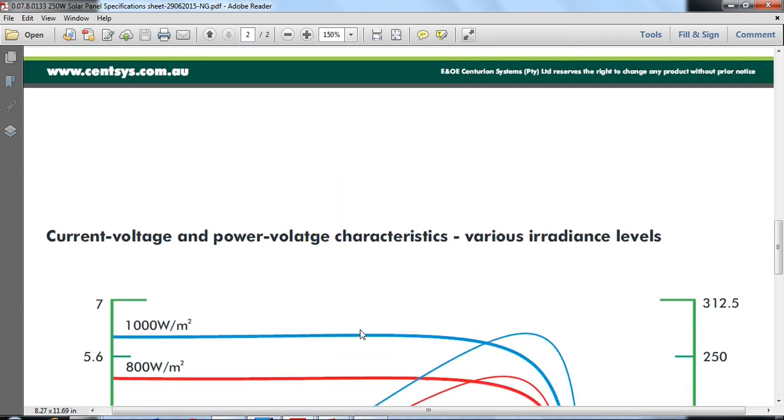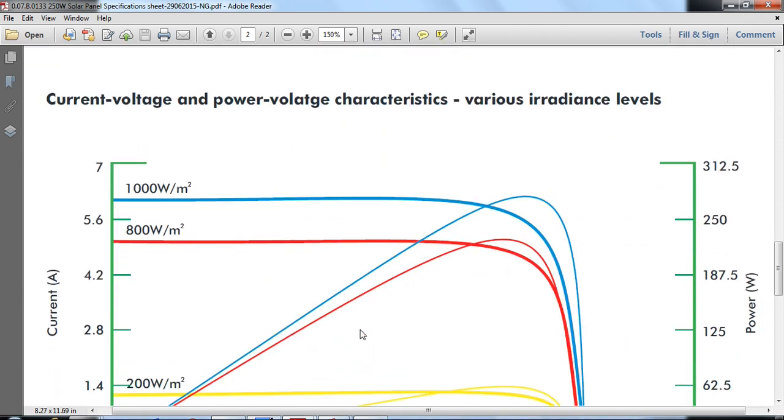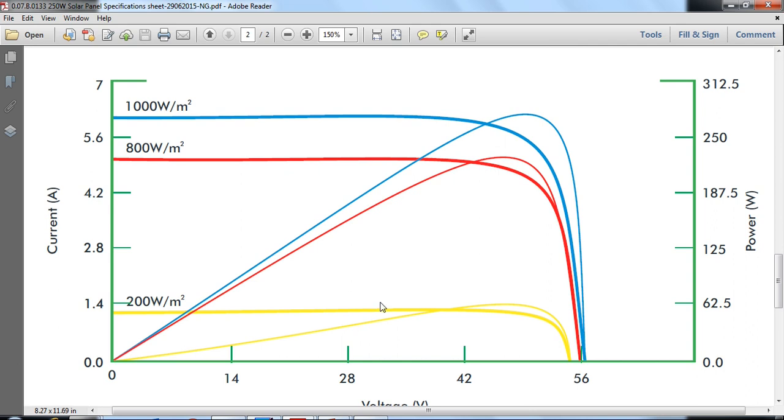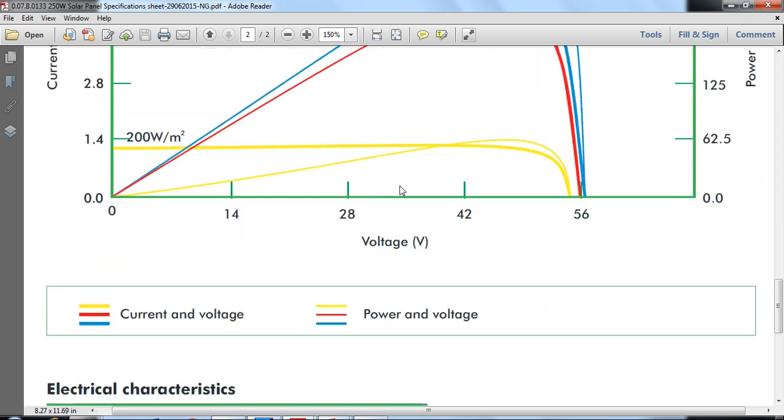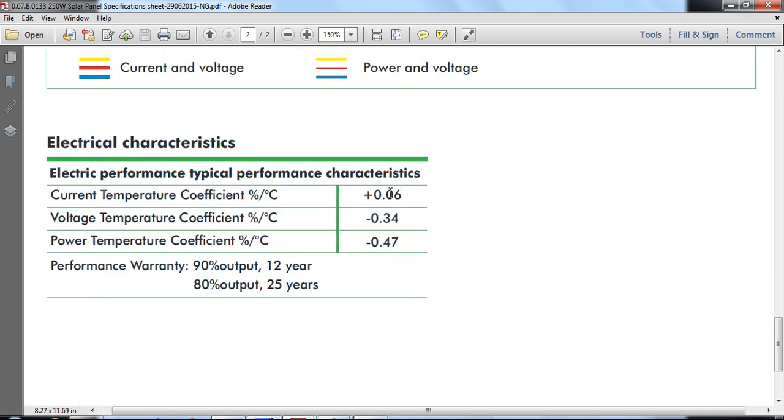These are the various physical dimensions of the panel, and this is the IV and PV curve of this panel. Similarly, the current temperature coefficient is usually positive in this case. With change in temperature the voltage will collapse, and this is the power temperature coefficient.